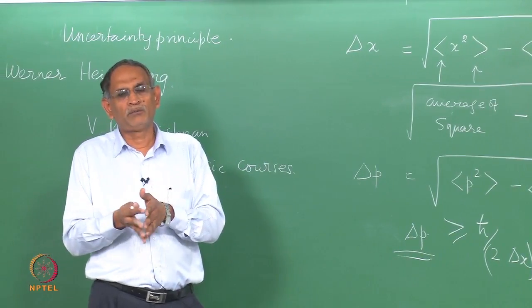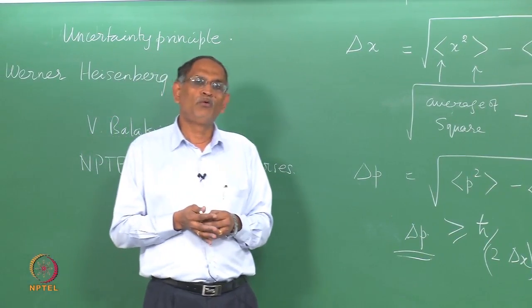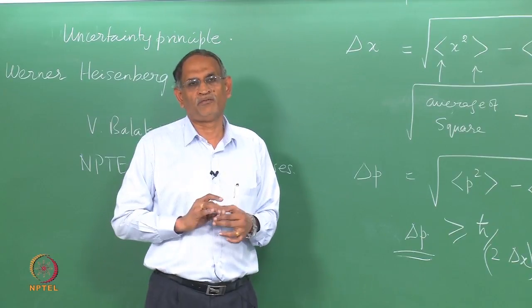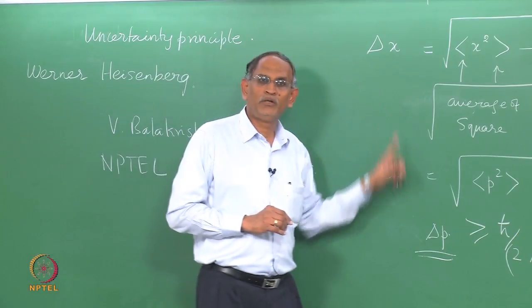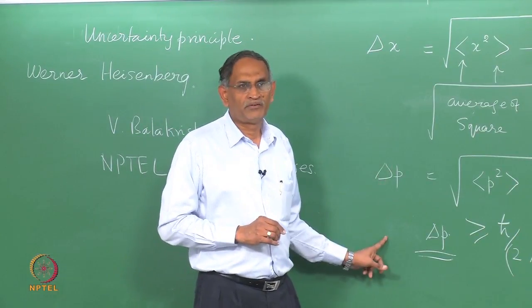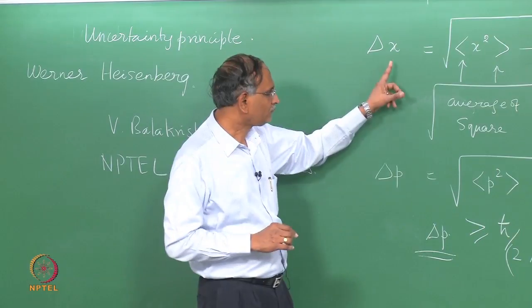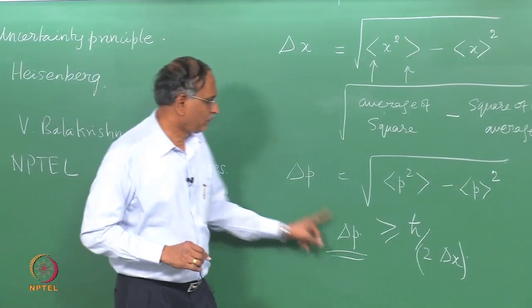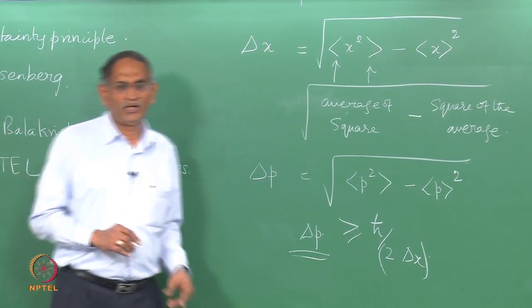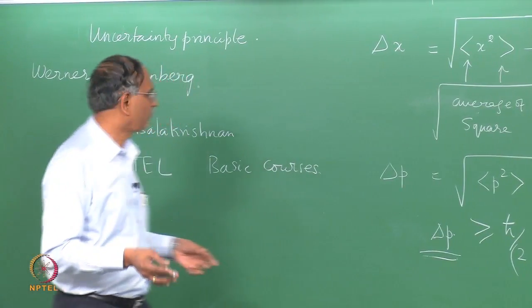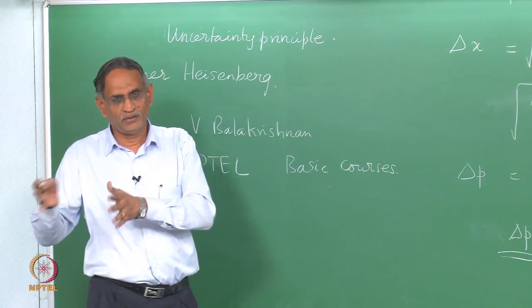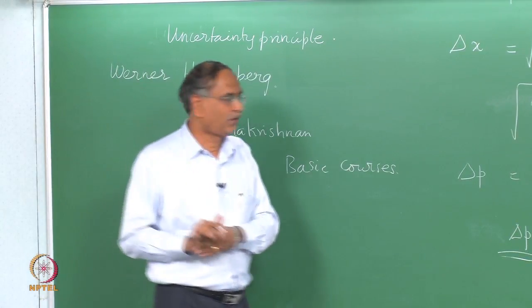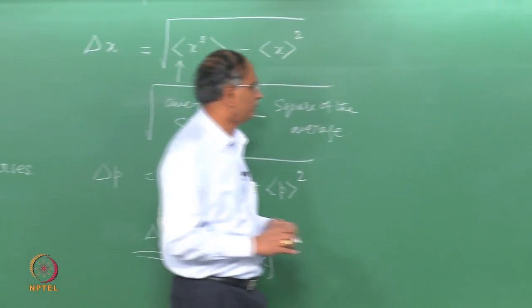Therefore, position and momentum can be simultaneously used as descriptors for defining the state of a classical particle, but they can't be used as descriptors for the state of a quantum particle. And the relation between the two is given by this famous Heisenberg's uncertainty principle, and Professor Balakrishnan's lecture tells you how to generalize the Heisenberg's uncertainty statements using other classical formulations and eventually what is known as the commutator.